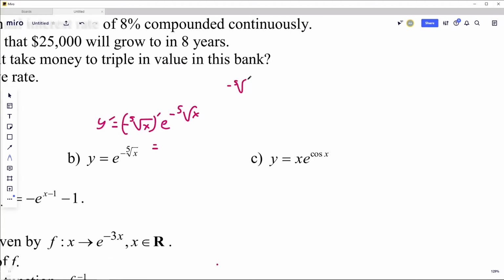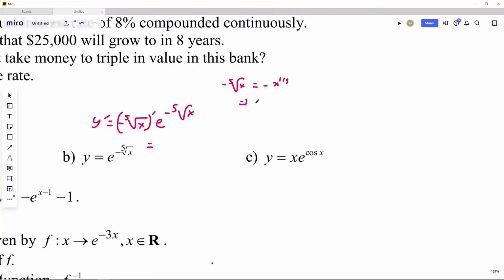The exponent itself is nothing but minus x to the power of 1 over 5. And so the derivative would be minus, bring down the exponent, 1 over 5 times 1 over x to the power of 4 over 5, the fifth root of this.